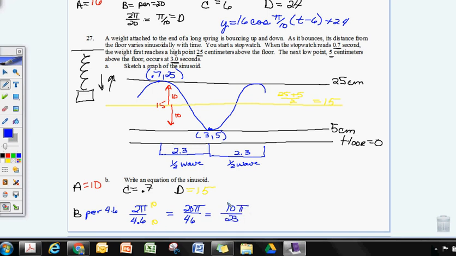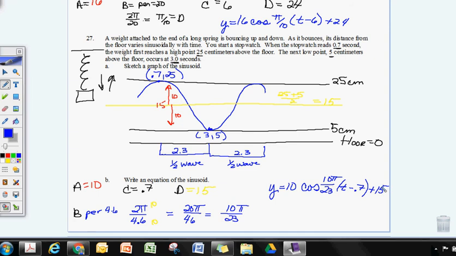That's my B value. So my equation, y equals 10, the cosine of 10 pi over 23, t, subtract 0.7 and then add on 15 behind it.